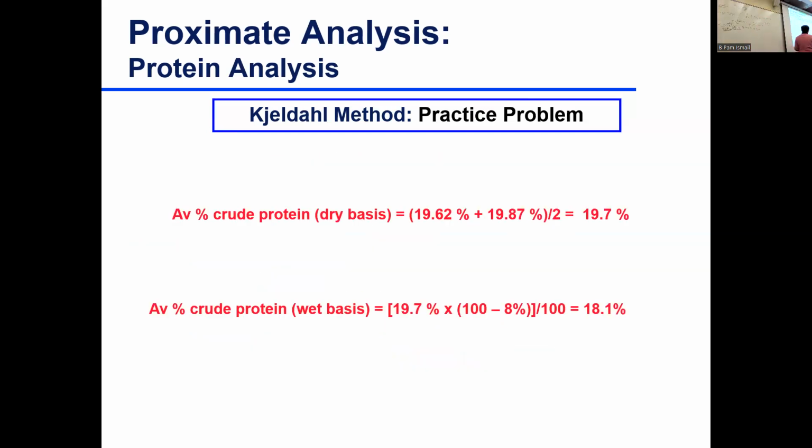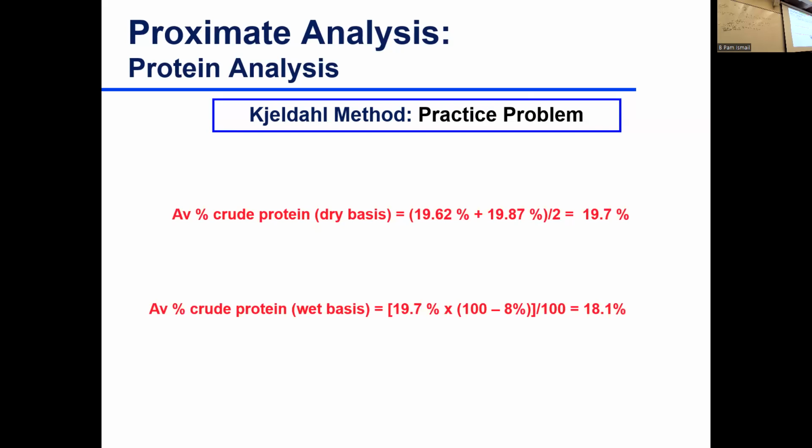So you take the average of the reps. You have this on dry basis because we said dehydrated, and I gave you the 8% moisture. So 92 is the dry matter in 100 grams of wet sample.